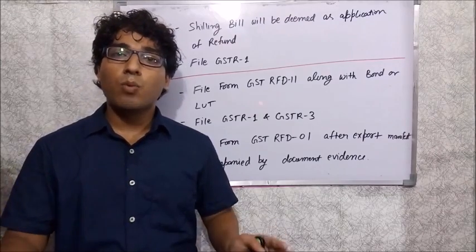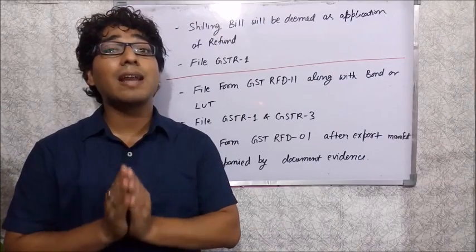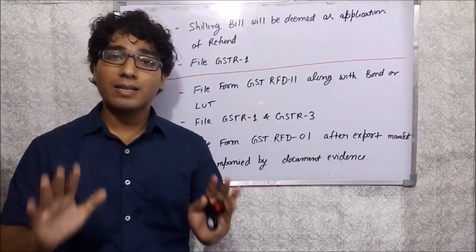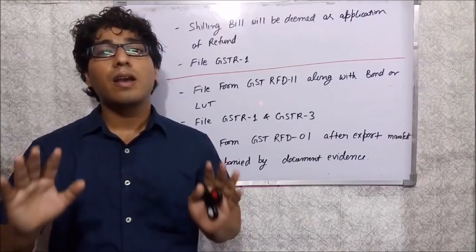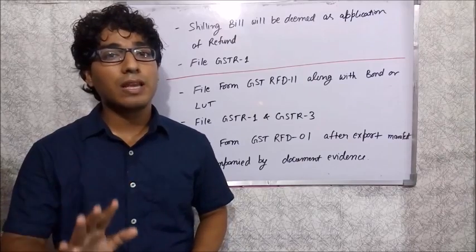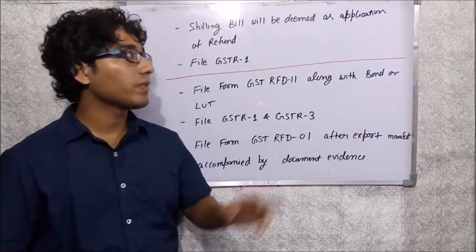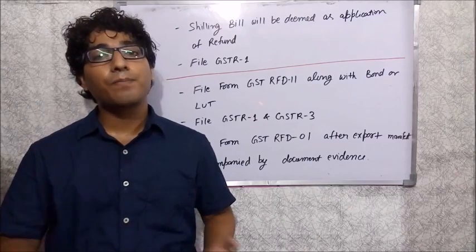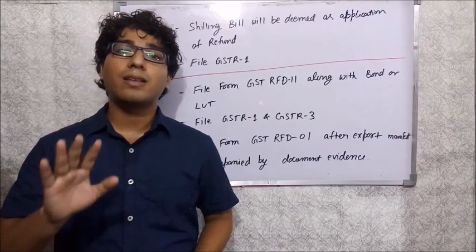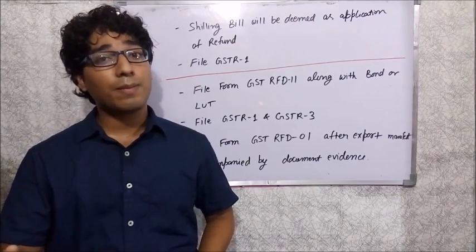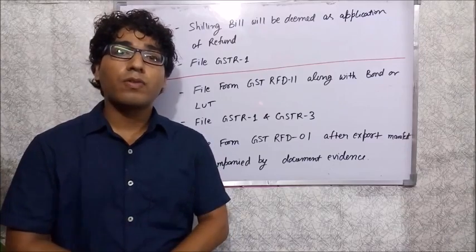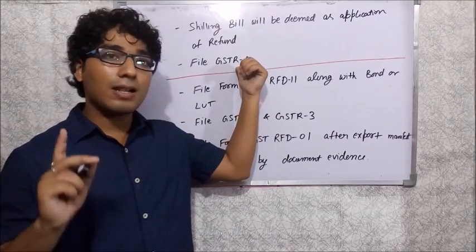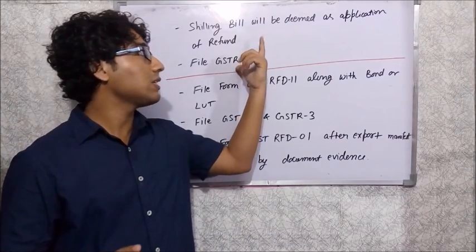When both are matching, they send the confirmation that yes, that person has exported the goods which they have declared in GSTR 1. When that confirmation is received, only then can you get the refund of the taxes paid at the time of export. So you have to first file GSTR 1 and also GSTR 3.